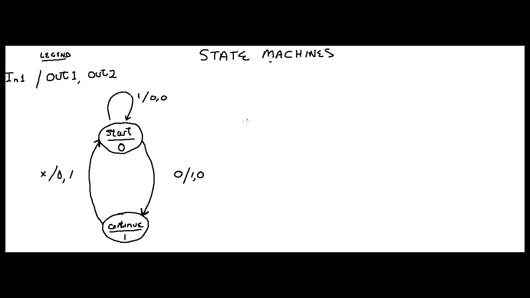There we go. Now, if we're going to draw a state table for this, let's think about it. We have our present state, and we also have an input, In1, don't we? Those are the two things that are going to determine when it makes the transition. Then we're going to go to the next state, transition to the next state.